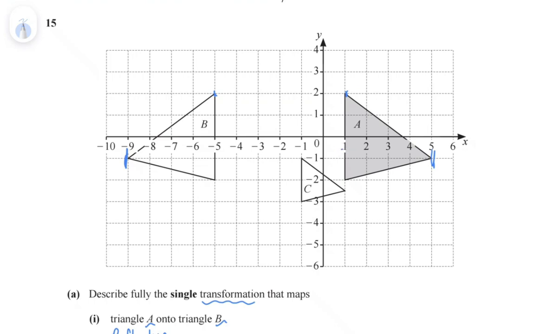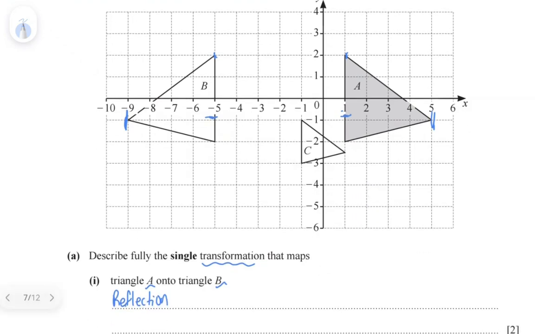So we know that from 1 to -5, the midpoint is equal to 1 minus 5 over 2, which is equal to -4/2, equal to -2. So we draw a line at x equals -2.